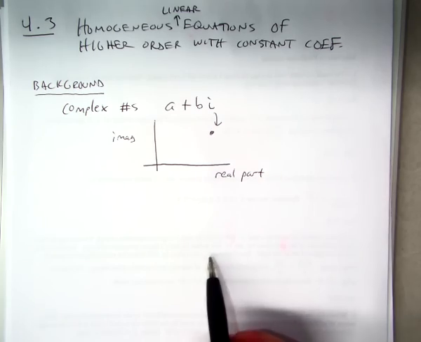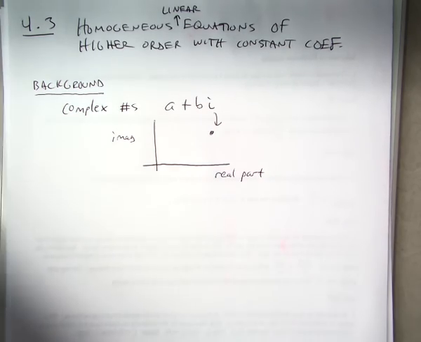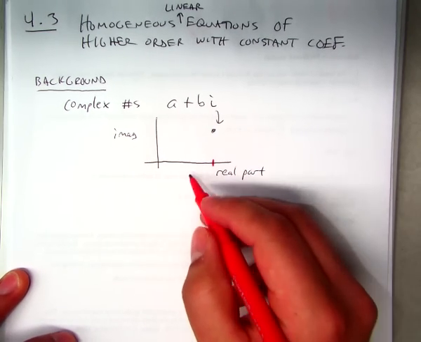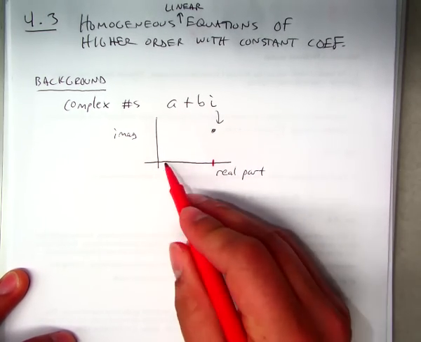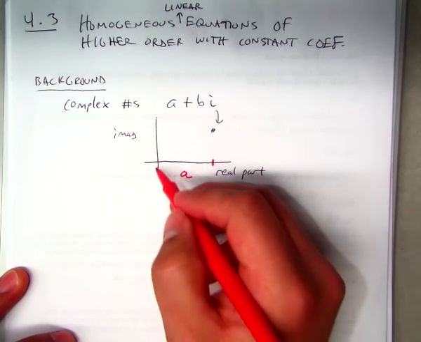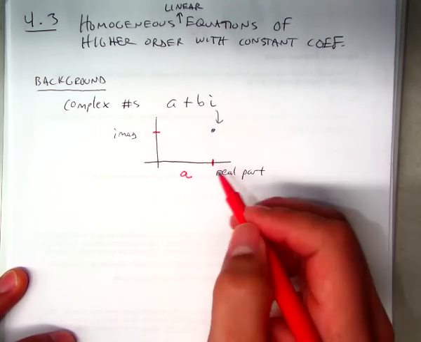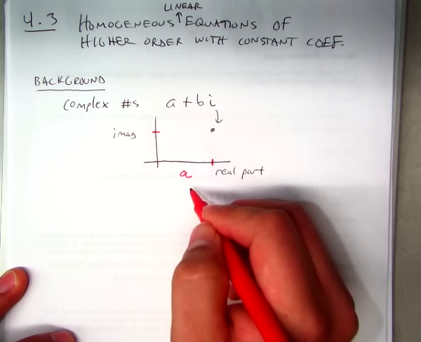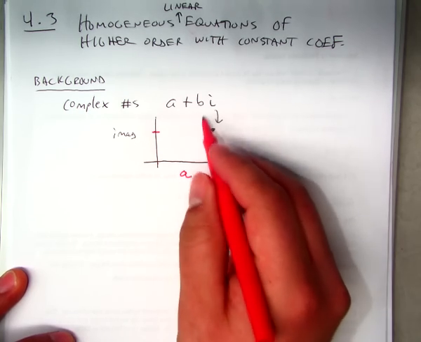So in this case, from the origin to here would be what length? A. And then from the origin up to here would be what length? What's the coefficient of the imaginary component? B. So that's just b.